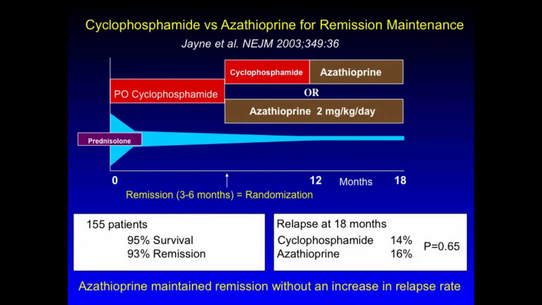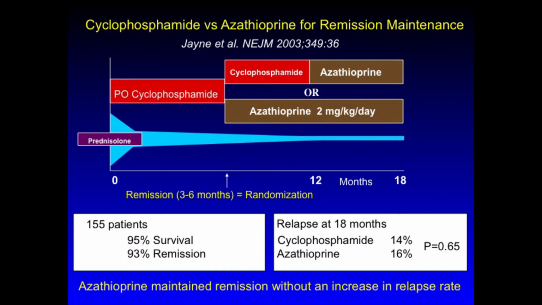An option that was available was azathioprine, and this was examined in a very important and first randomized trial in this disease, whereby after induction with daily cyclophosphamide, patients were either continued on cyclophosphamide for 1 year or switched to azathioprine.